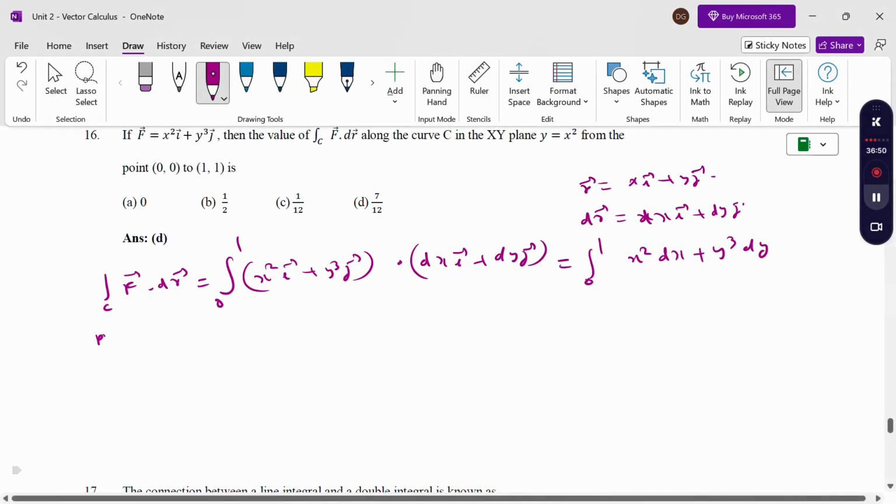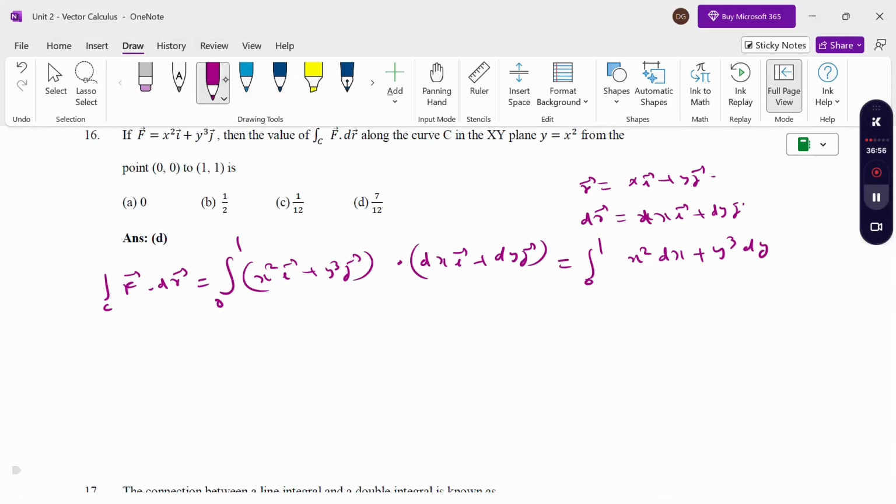Here the line is given y equal to x square. So when y equal to x square, dy equal to 2x dx.